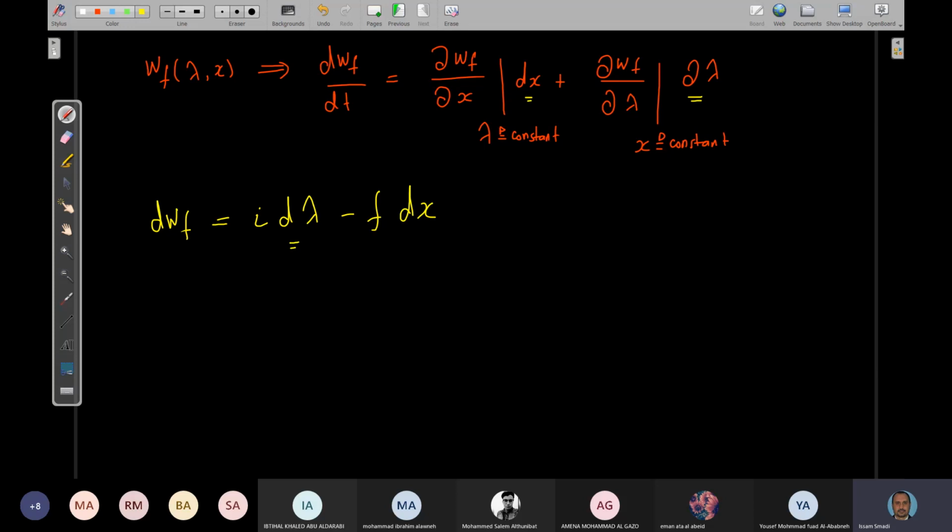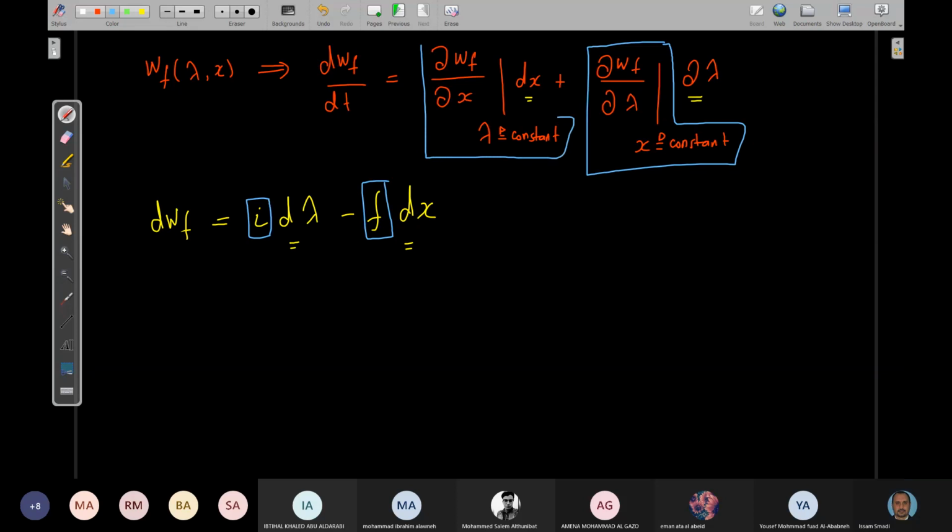So if I compare, i will equal partial omega f by partial lambda when x is constant.